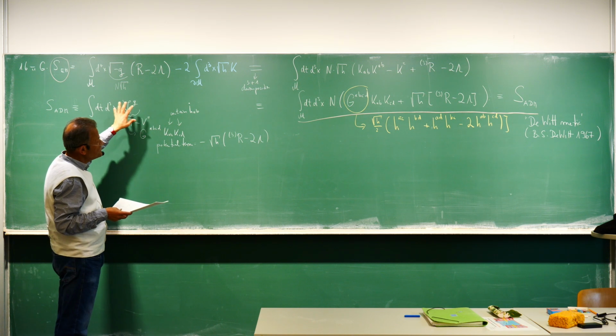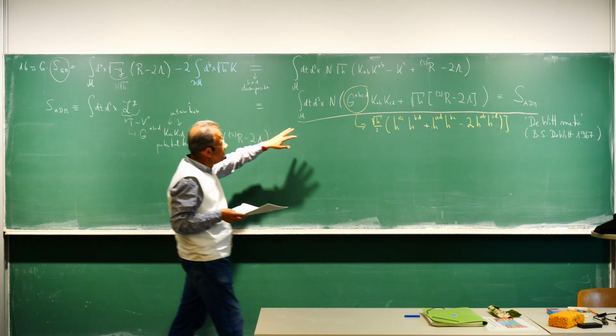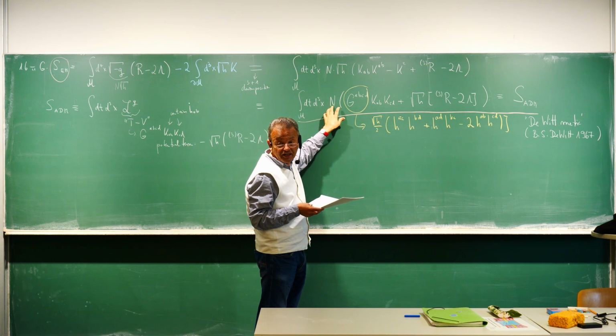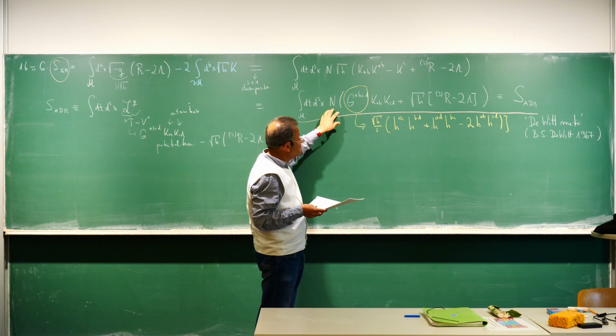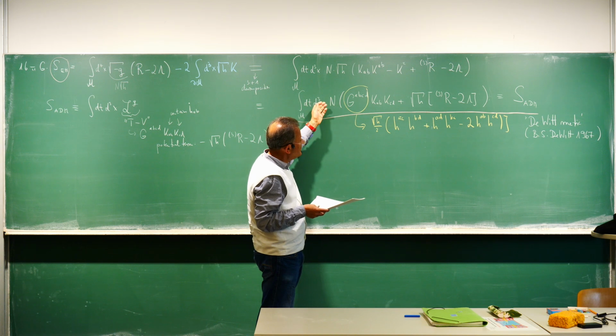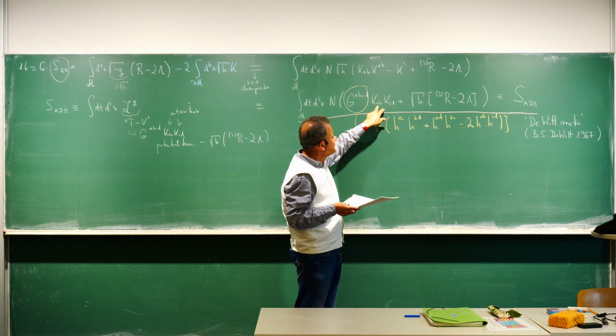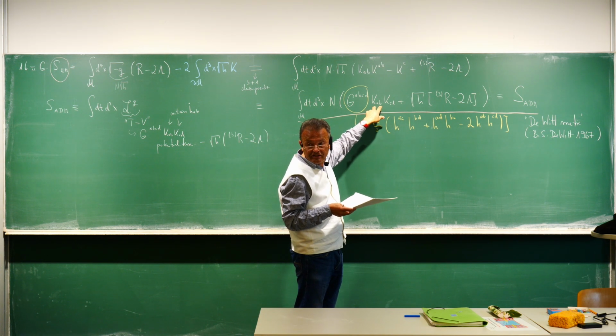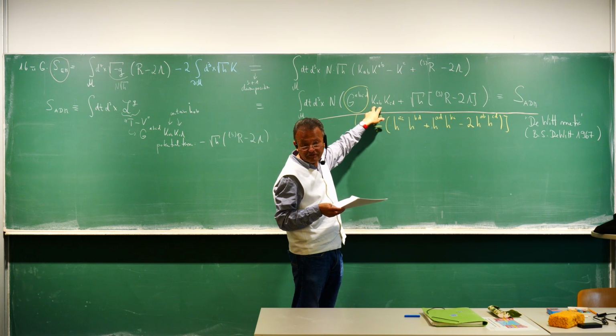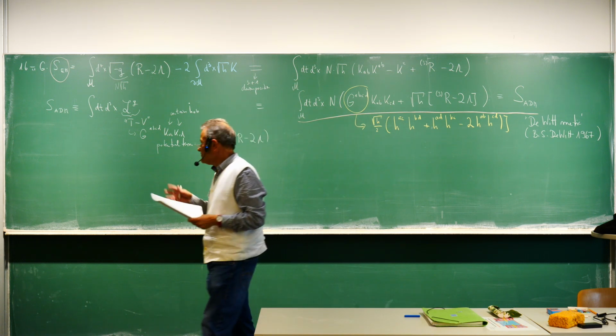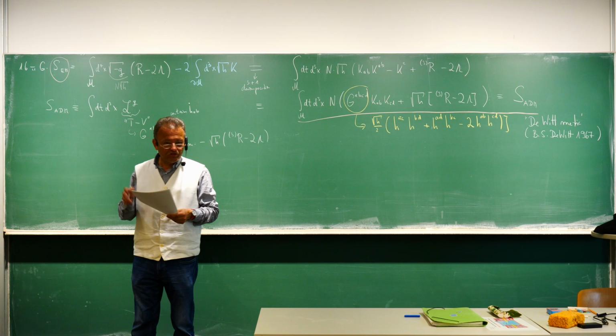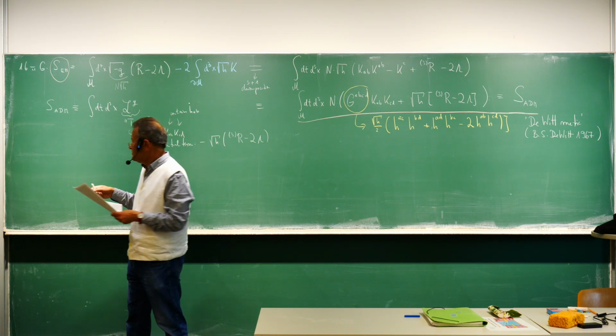But lapse and shift come here only without time derivative. The lapse is just here, multiplies everything, and the shift is hidden here, but it has no time derivative. So pedantically, we also include them into the canonical formalism.